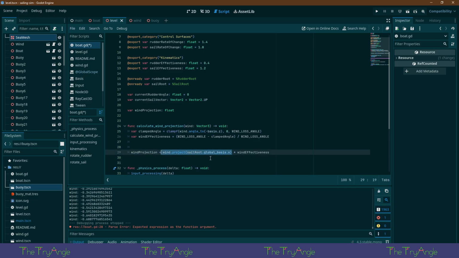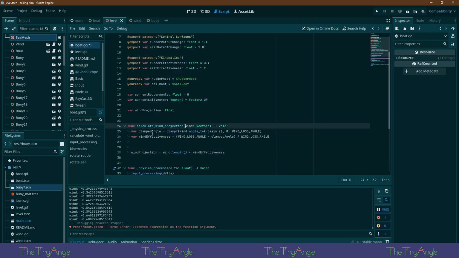It should be the magnitude. Oh, nuts. Length. There we go. Cool. So this will give us just the absolute value of the wind.